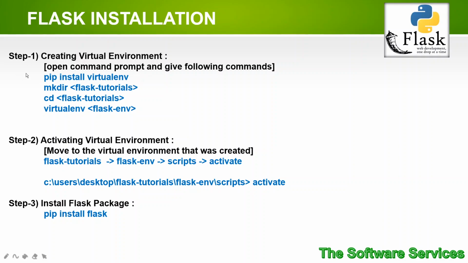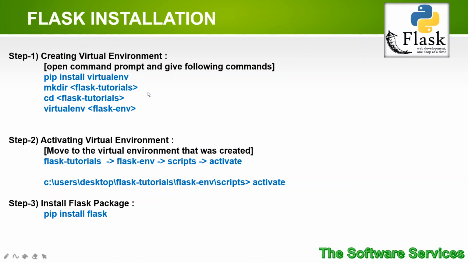Then open the command prompt and give the following commands one by one. First is pip install virtualenv. Pip means Python installer package, which is used to install external packages and libraries into our system. So pip install virtualenv installs the virtual environment package to our system.